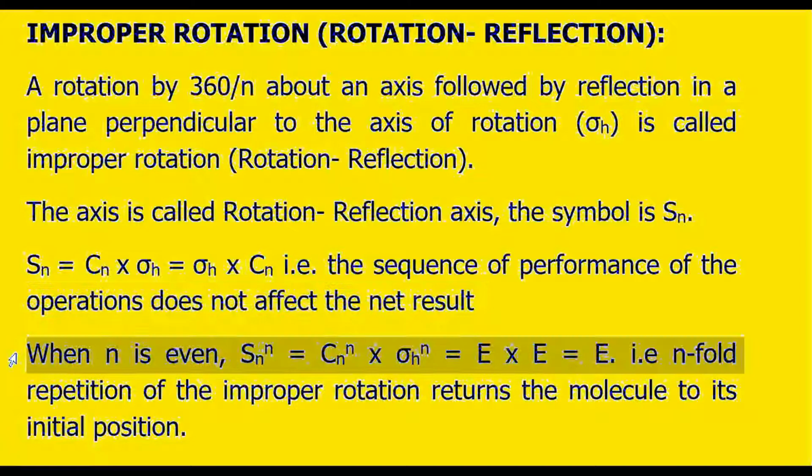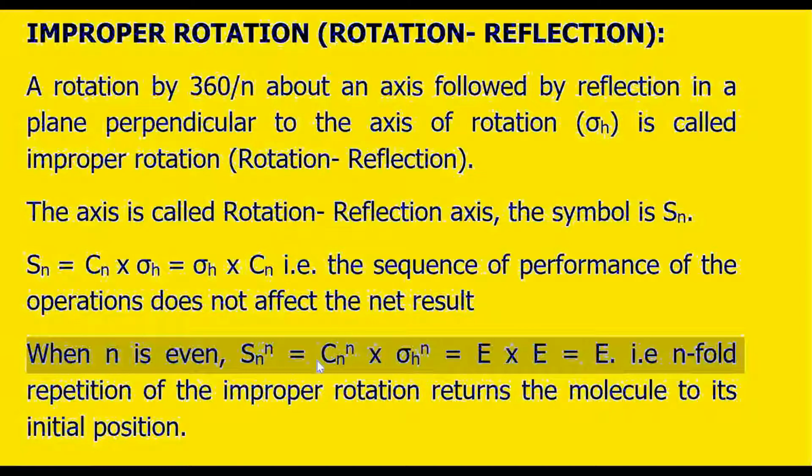Then one more feature: when the value of n is even, like 2, 4, 6, etc., then you will see that Sn raised to n is equal to Cn raised to n multiplied by sigma h raised to n.